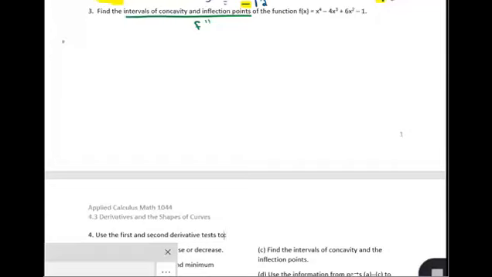So let's see what we can do here. First things first, we need our derivative. So we have f of x is equal to x to the 4th minus 4x to the 3rd plus 6x squared minus 1.